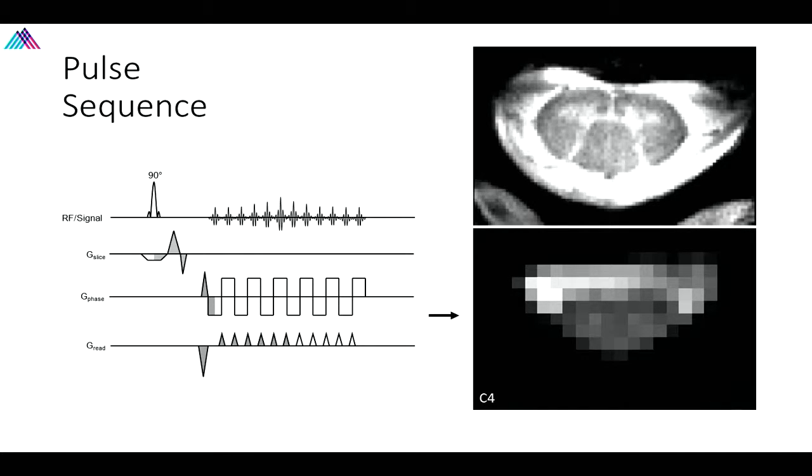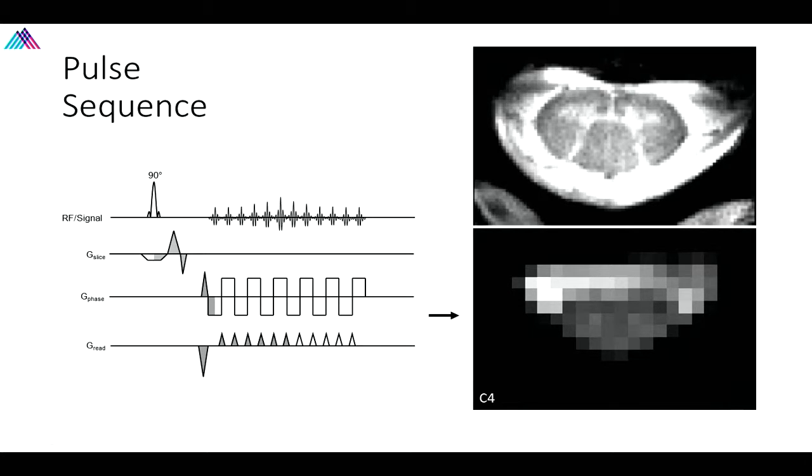So given that there are these circuits in the spinal cord that we want to study, the question becomes, why can't we use the same methods that are used so successfully in the cortex, the echoplanar imaging sequence that's standard for fMRI studies? And the problem really is the small size of the spinal cord relative to the cortex and the comparatively low resolution of echoplanar imaging versus these high-resolution anatomical sequences that we have.